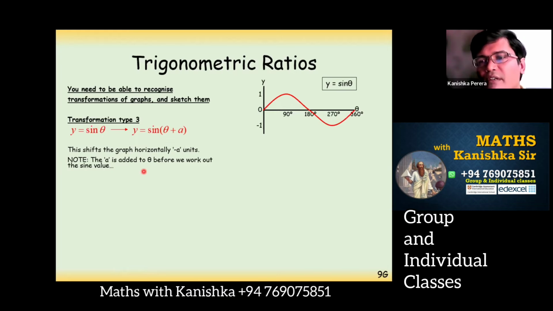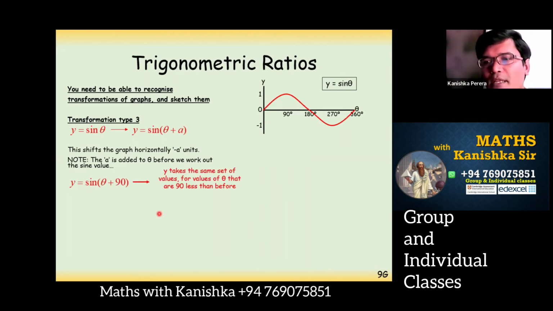This shifts the graph horizontally by this many units, as happened previously, right? Consider this, and I will go through the question and figure it out. This is what's going to be happening.